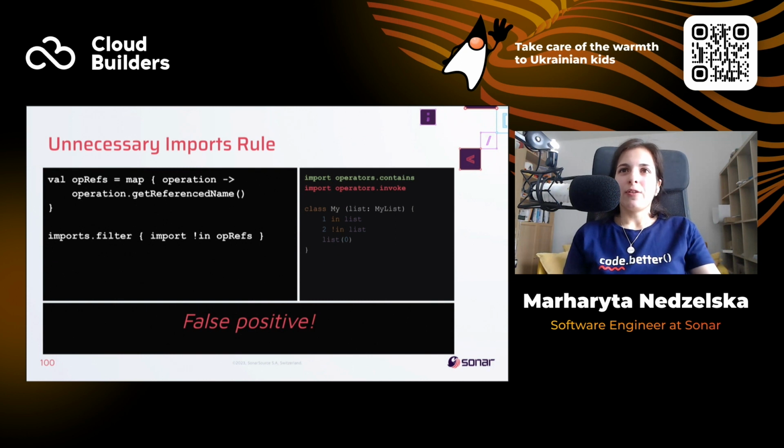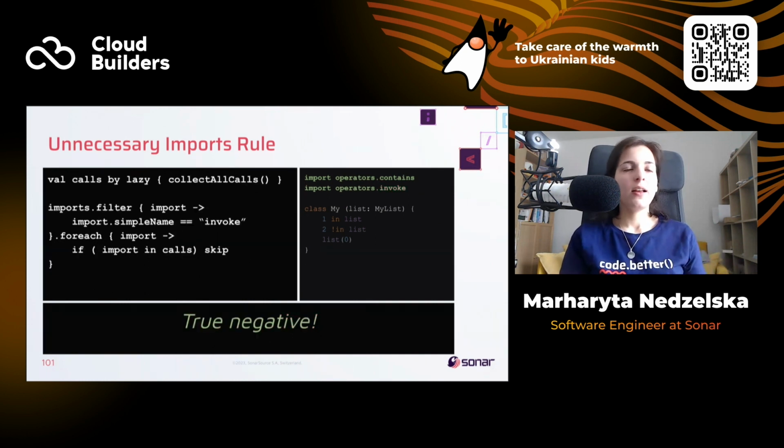So we had to visit all function calls to actually understand if they have invoke there or not. That was not optimal, so we decided to have a sort of lazy optimization, and we only visit all the calls in case there is at least one import with invoke, because otherwise it would be just an unnecessary step. So okay, we fixed imports with invokes.